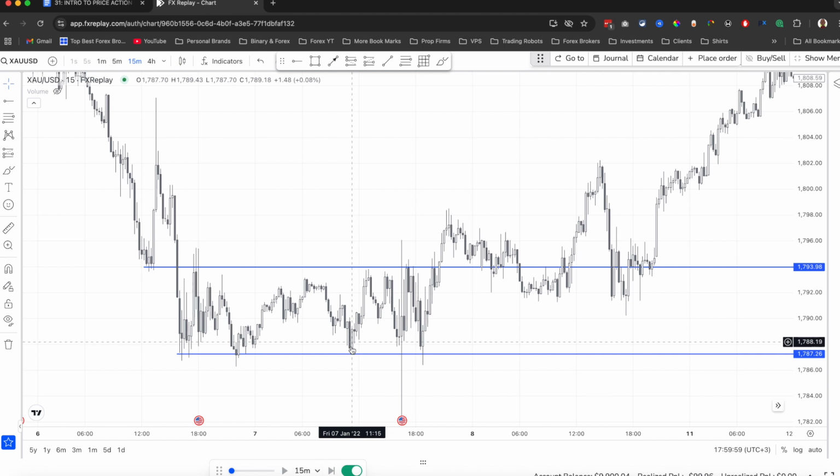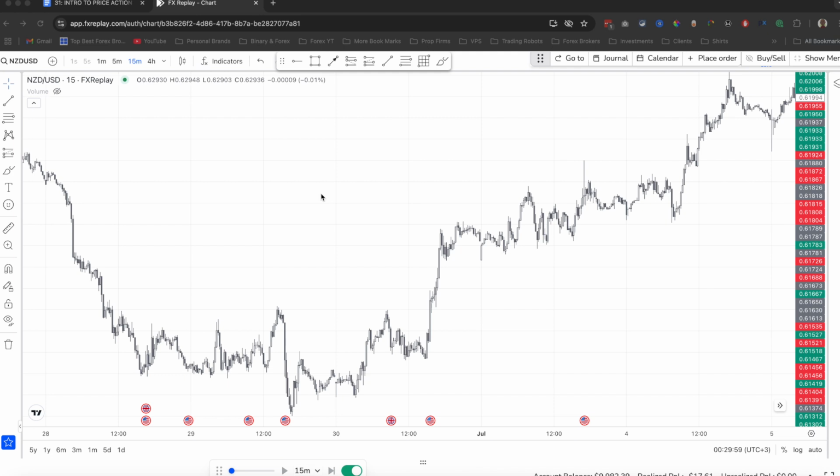Like in this one, this is another engulfing, and this is another engulfing. When we're trading price action, those are the things we should look for. First of all, we look for the rejection candles, and another thing is the engulfing candles. So the wicks and the engulfing candles show us some rejection.